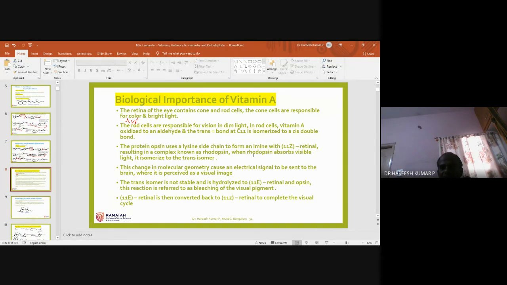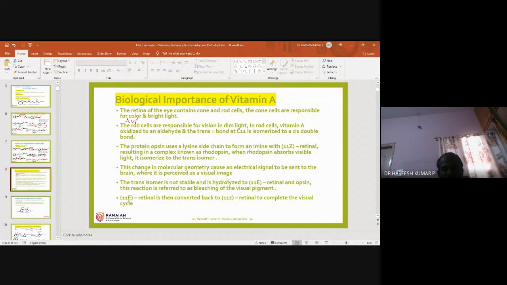When this rhodopsin is exposed to sunlight, what will happen? The cis double bond at the 11th position is converted into trans. This change in molecular geometry causes an electrical signal to be sent to the brain, where it is perceived as a visual image.